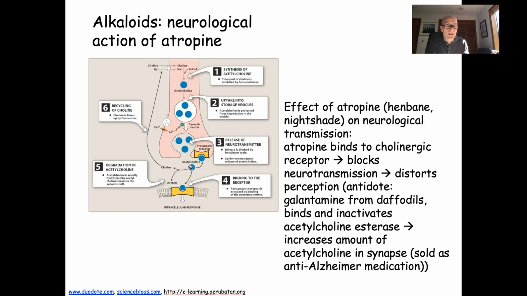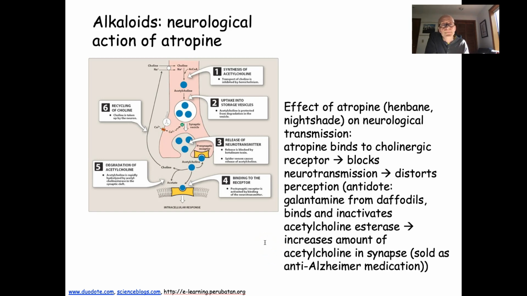And because of chemical equilibria, essentially, the more you have of this substance, the more likely it is to displace the other substance that binds to the receptor. So you increase this concentration, and therefore the competition gets stronger, and so you basically wash away the atropine. That is how the antidote works for the atropine, and it's been sold or mentioned as a potential anti-Alzheimer medication. I don't really know how far along that is, whether that is a real thing or not.